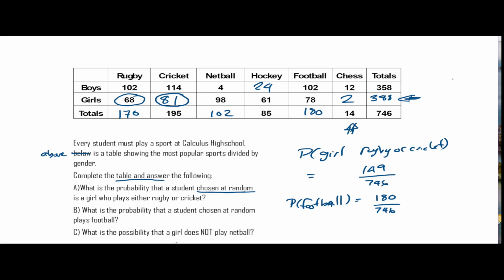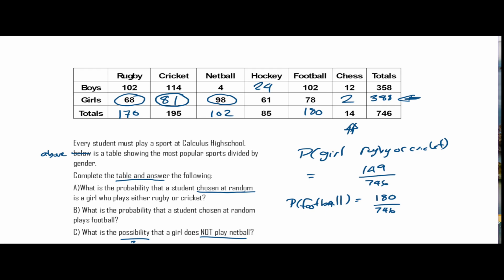What is the possibility that a girl does not play netball? I don't know why it's giving me the word possibility. It's really probability. Does not play netball. Okay, how many girls do not play netball? Well, how many girls do play netball is probably quicker. The 98 do play netball.